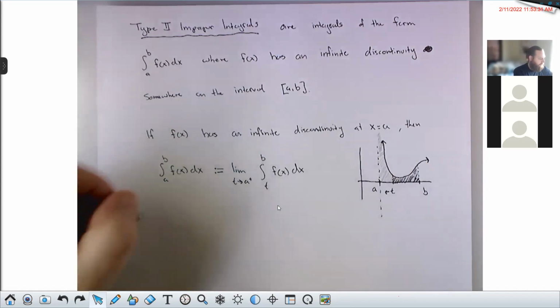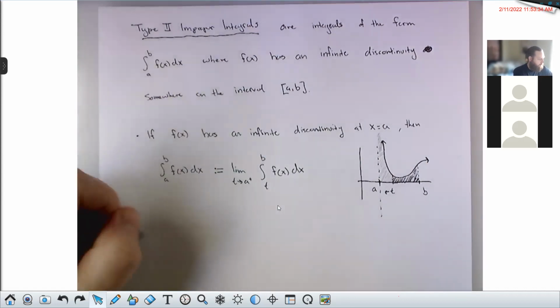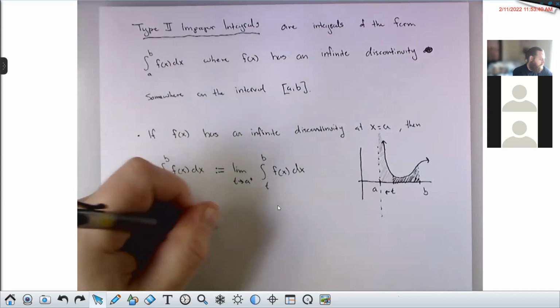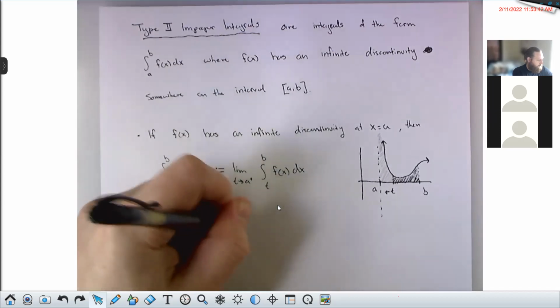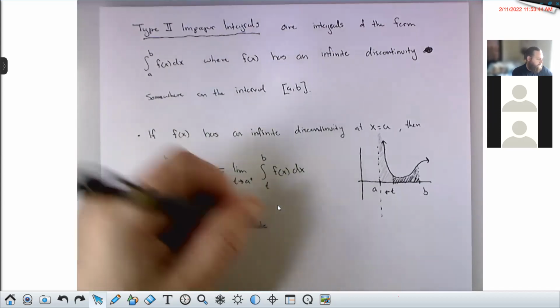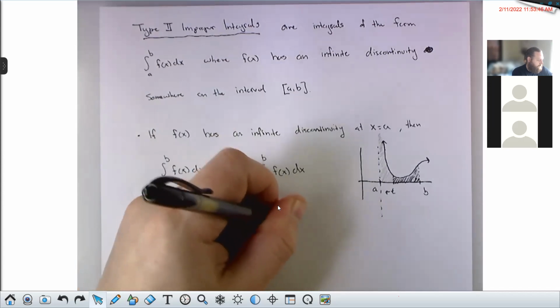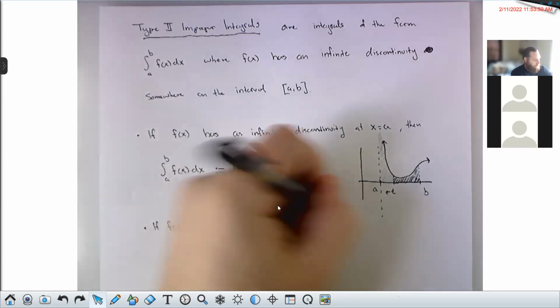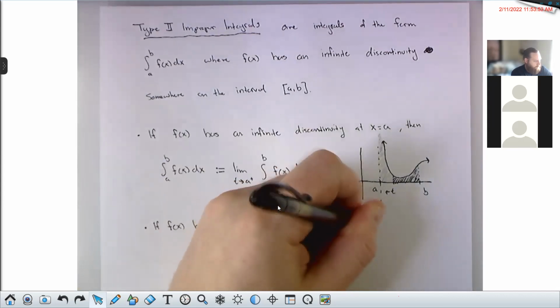Now the other possibility is if f has an infinite discontinuity at the right endpoint, the upper bound.